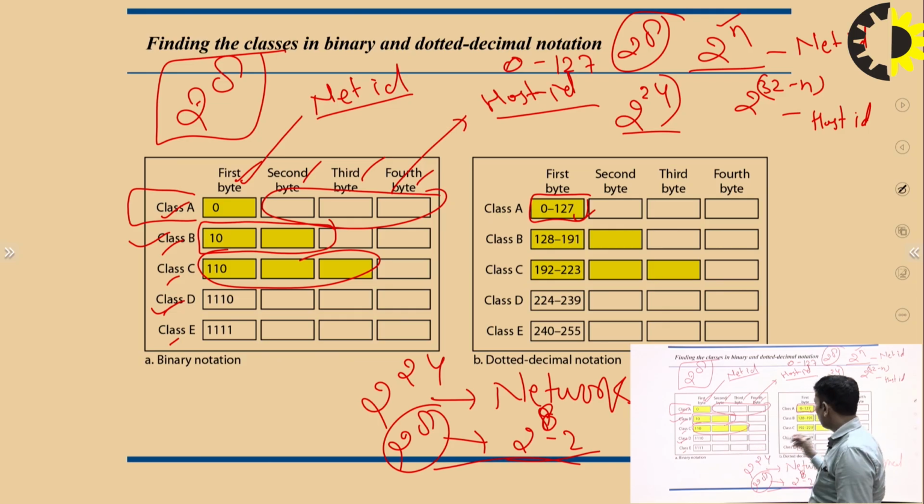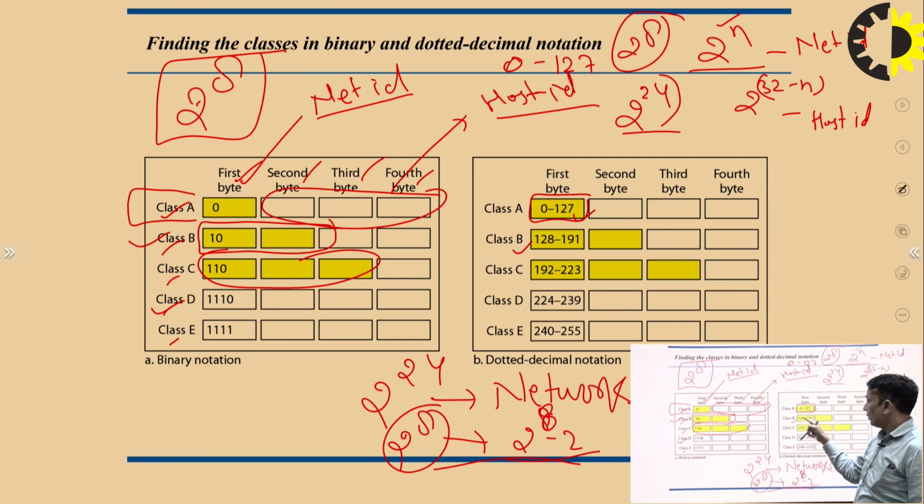And for class B, the numbers from 128 to 191 will be reserved for the first byte. Then for class C, 192 to 223 will be reserved.